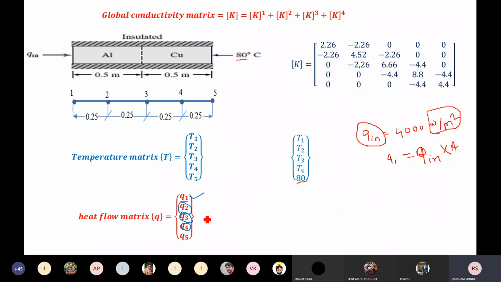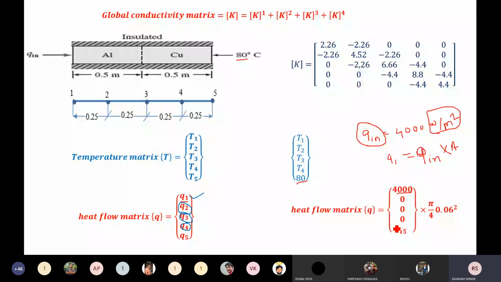Now this heat flow matrix becomes like this. Here it is heat flow matrix Q. Here I have written 4,000, and this Q5 also I am going to take in terms of watt per meter square, for simplicity, and I am taking this area out of the matrix.